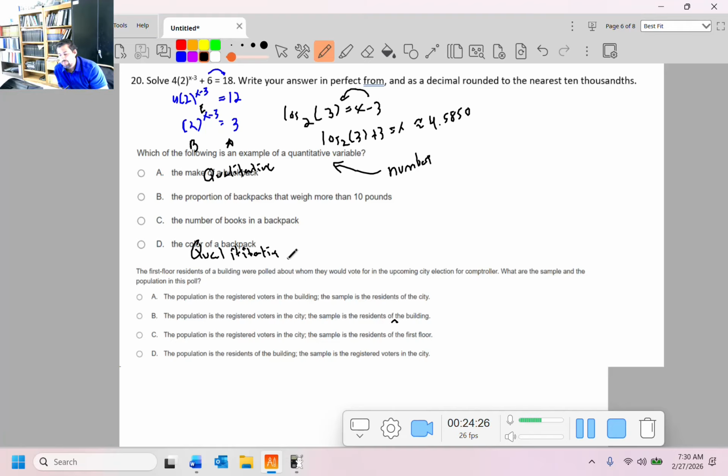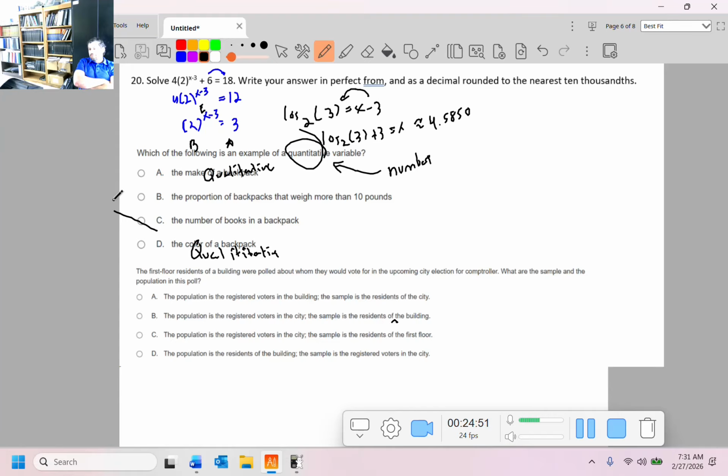The proportion of backpacks that weigh more than 10 pounds. That's not a variable. It's really not. The number of books in a backpack, that is a quantitative. B is a good one, but B is not a variable. So that's the problem. So C, the number of books in a backpack, because it's a quantity, something you can count.